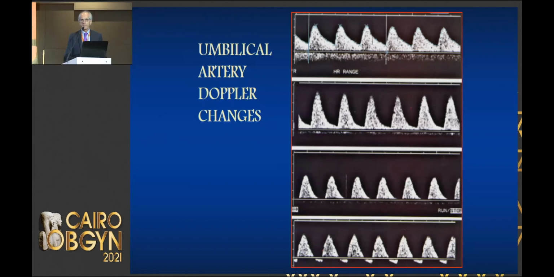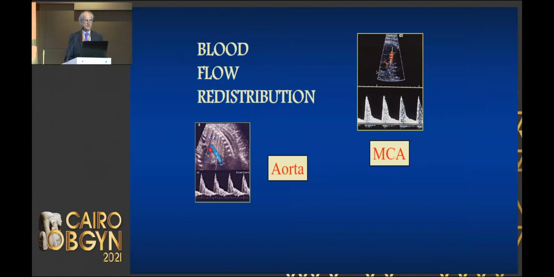Now, what are the parameters we look at? It is the umbilical artery, as you can see here. Just by eyeballing, you can see the increase of placental resistance with the highest pathology with zero flow during diastole and reversal of flow in the umbilical artery. The next step is that there is fetal blood flow redistribution.